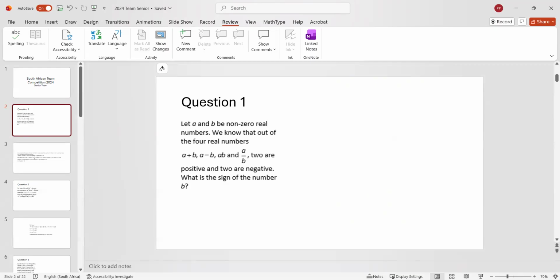In other words, if AB is negative, so is A over B. And likewise, if AB is positive, so is A over B. A little bit of thought will be able to understand those last statements. Okay, what is the sign of the number B? Let's take the cases. Let's take A over B.